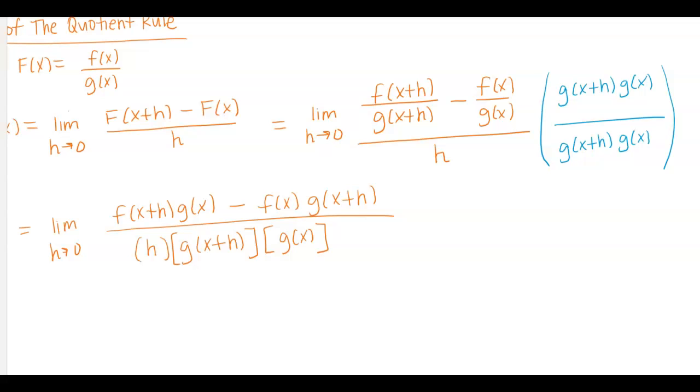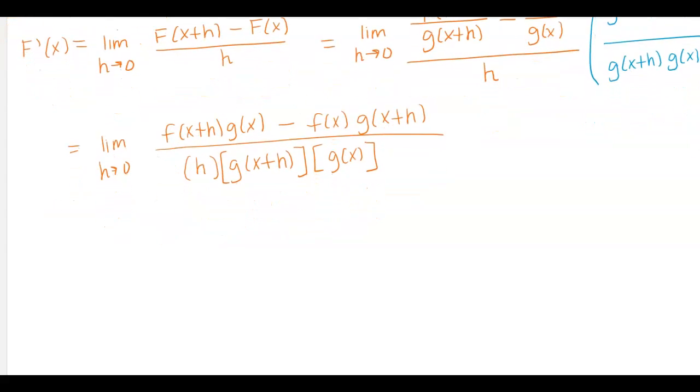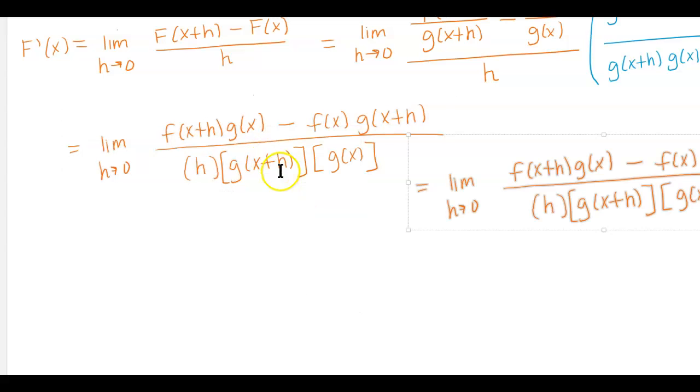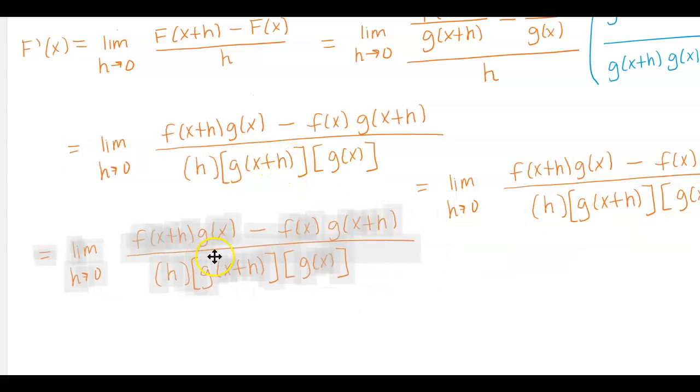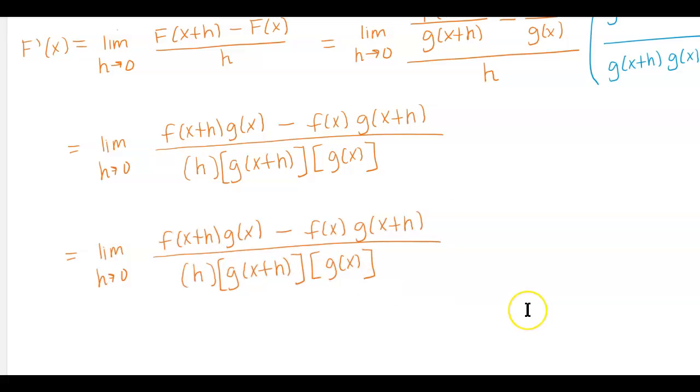Now, kind of similar to what I did in the proof for the product rule, I'm going to do the same thing where I add in a term in the middle that equals 0 so that it'll let me get the definitions that I want for the derivatives.